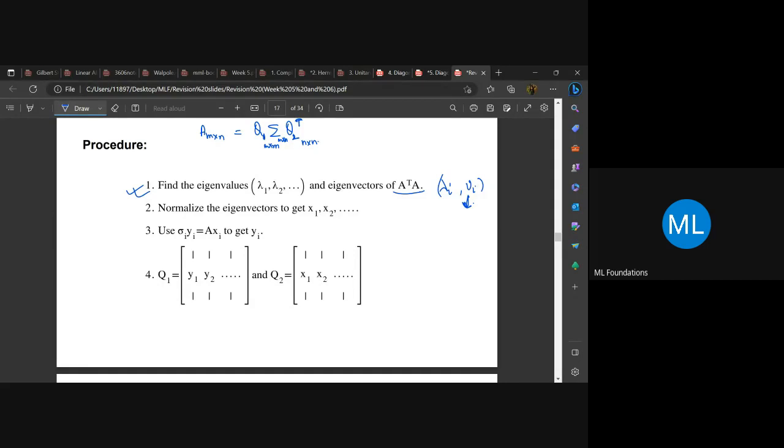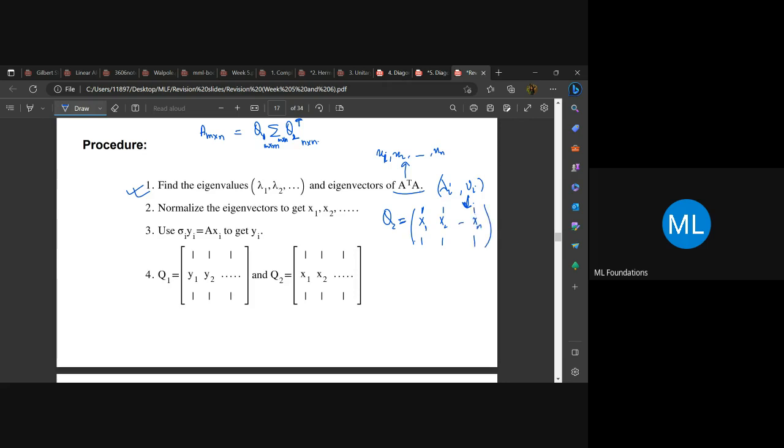So Q2 that you write is nothing but, let's say, if the eigenvectors for A transpose A come out to be x1, x2, and so on, there will be n of them. So you will use this to get x1, x2 to xn.